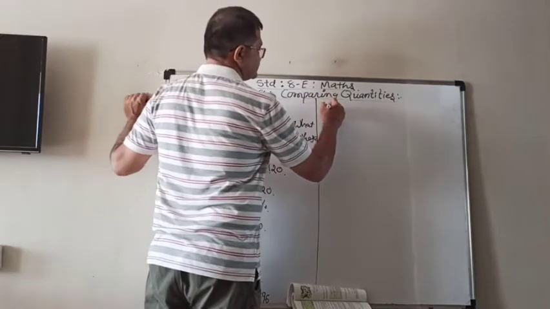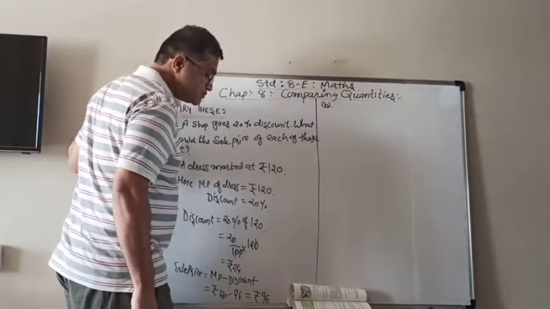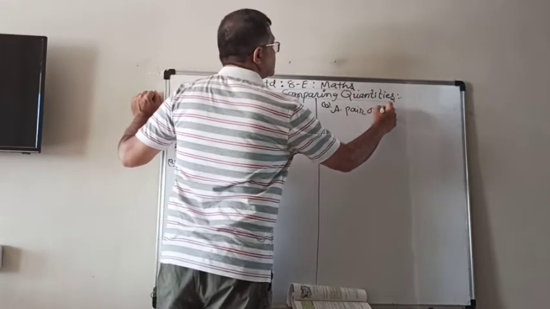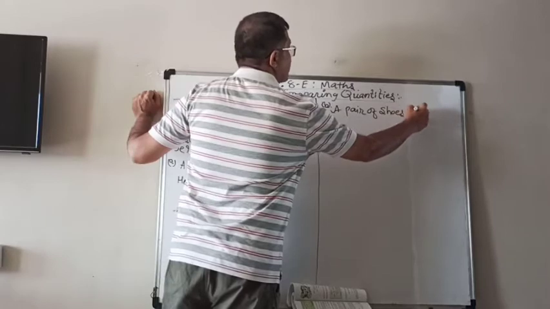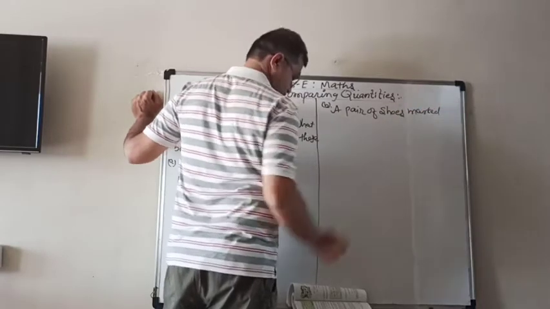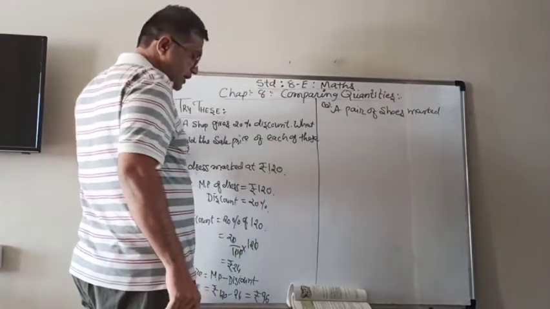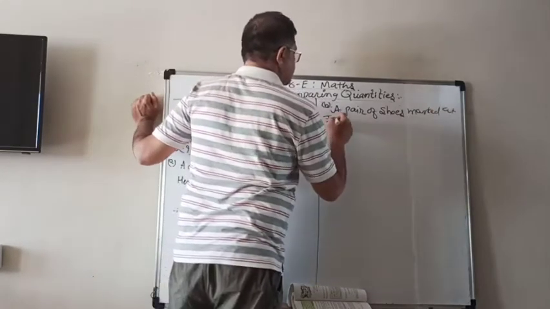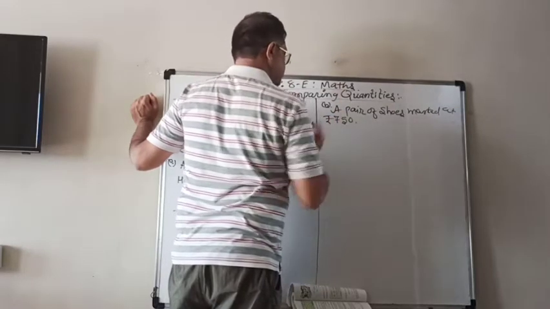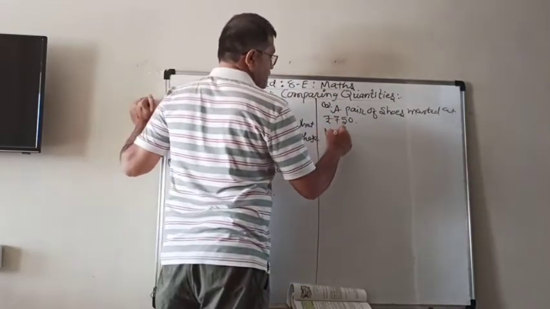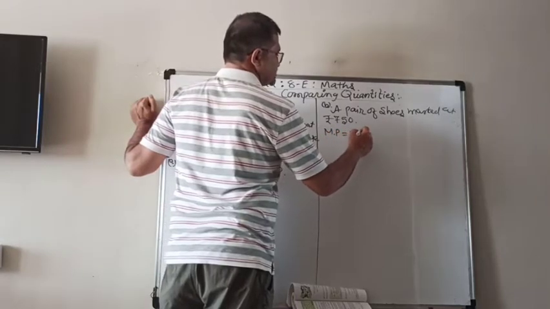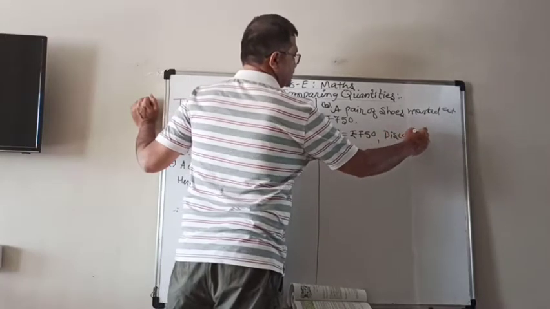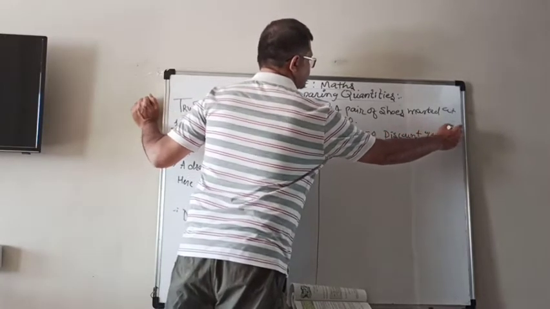Take the second one. A pair of shoes marked at rupees 750. So marked price is rupees 750 and discount percent is 20%.